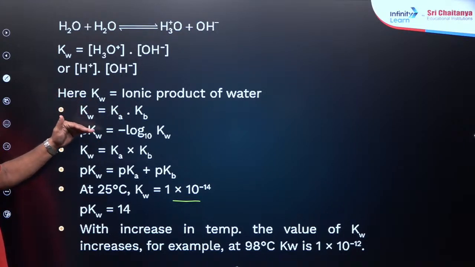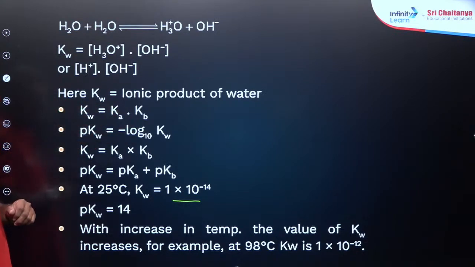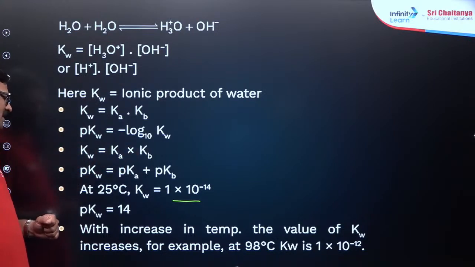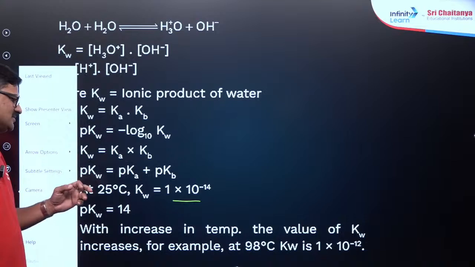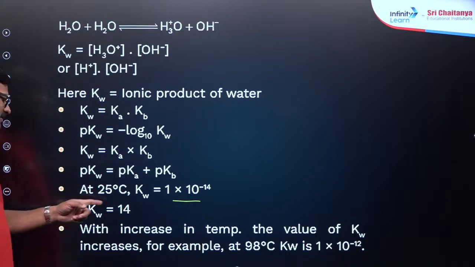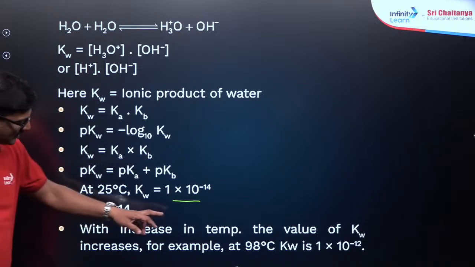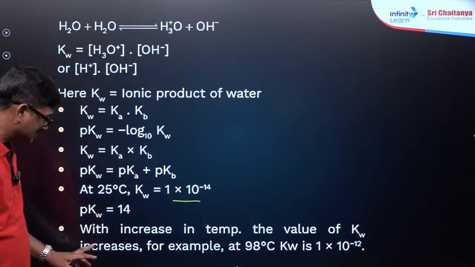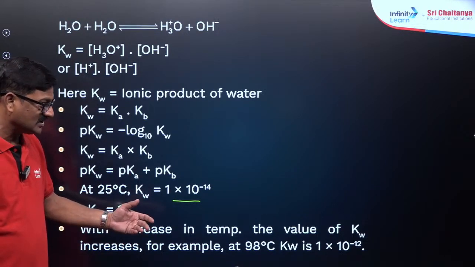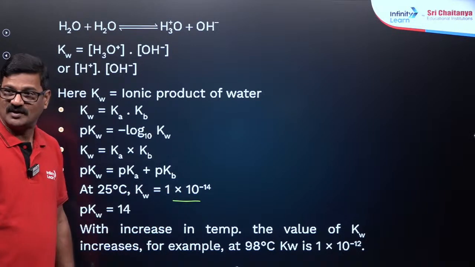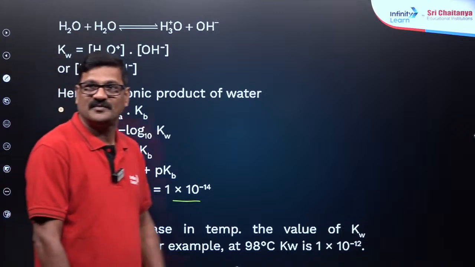Take the negative logarithm: pKw is equal to negative log of Kw. If Kw is equal to Ka dot Kb, so pKw is equal to pKa plus pKb. So if you take this value as 10 power minus 14, pKw is going to be 14 at 25 degrees centigrade. With increase in the temperature, the value of Kw increases. For example, at 98 degrees centigrade, Kw is 10 raised to minus 12. Fine.